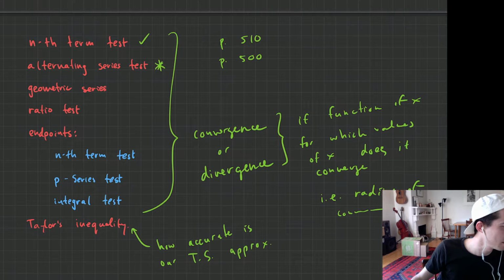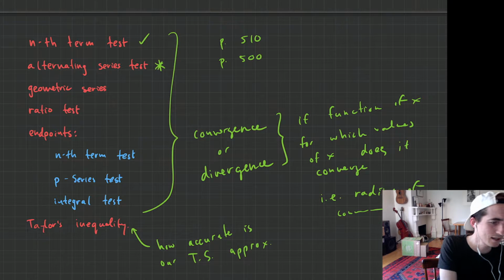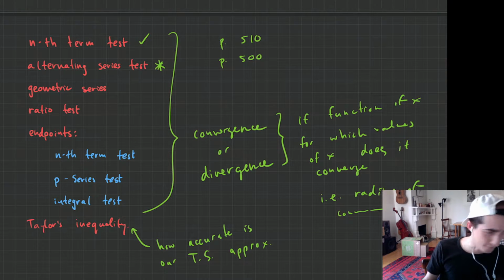Page 500 kind of tells you a little bit about the radius of convergence of famous functions. I think those are the two pages that really stood out to me as being good pages to take note of. And I'll just put page 492. It's a good summary of 11.2, page 492.